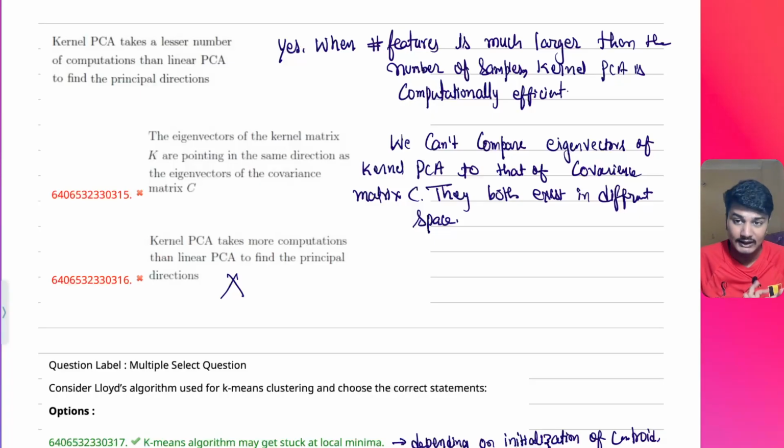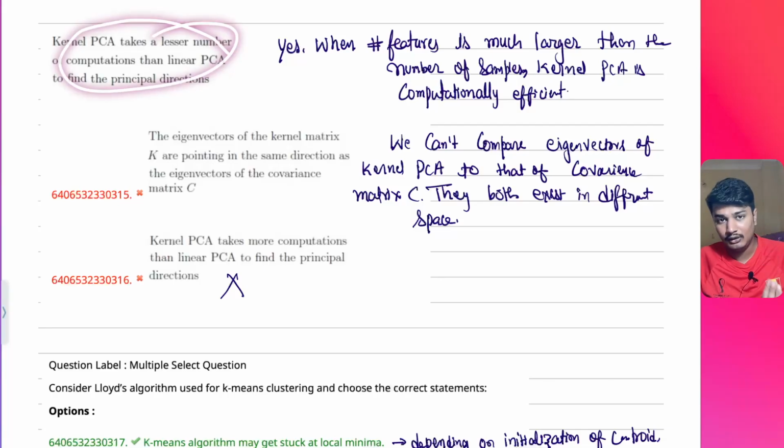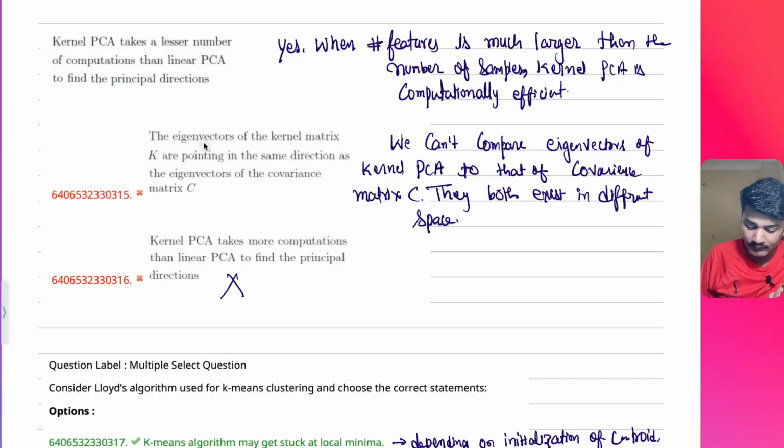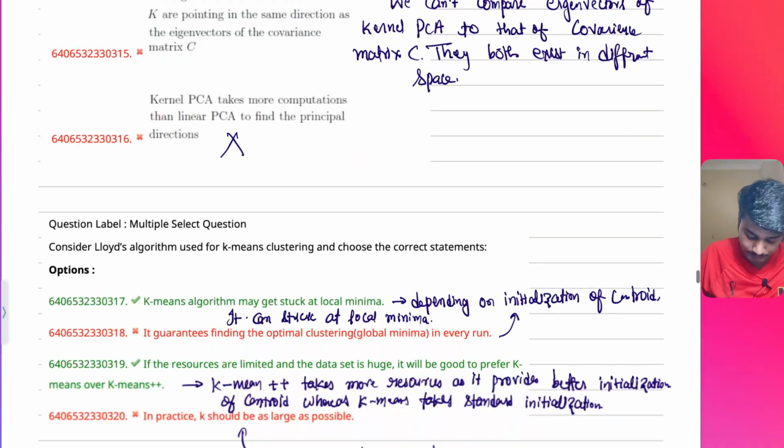It is computationally efficient, so this statement is true. The third statement is that the eigenvectors of kernel matrix K point in the same direction as the eigenvectors of covariance matrix C. So no, the eigenvectors of the covariance matrix and the eigenvectors of kernel PCA exist in different spaces. That's why this option is not correct. And the last, I already discussed that it will be computationally efficient, not taking more.